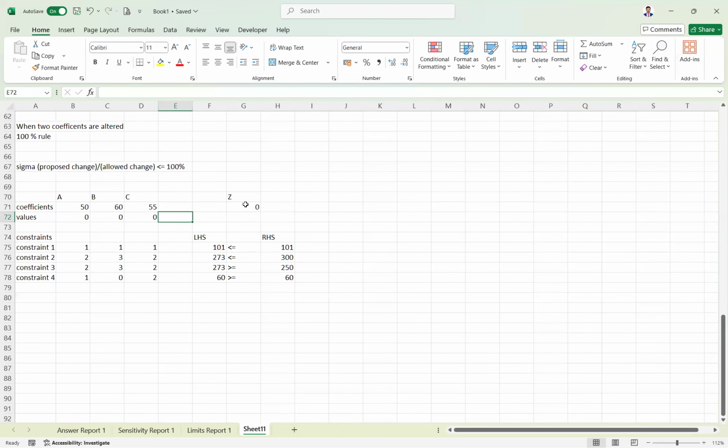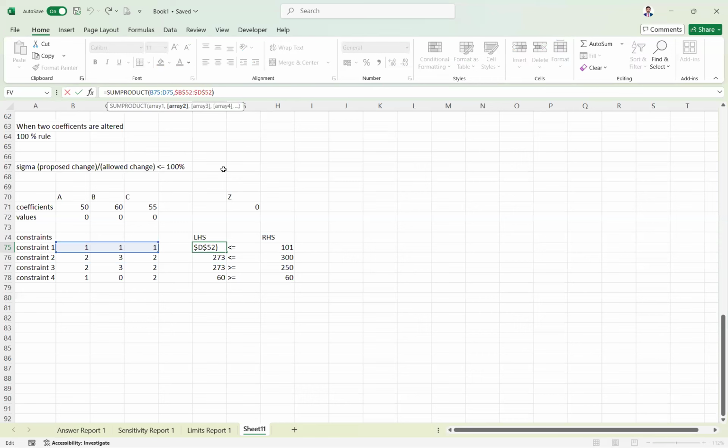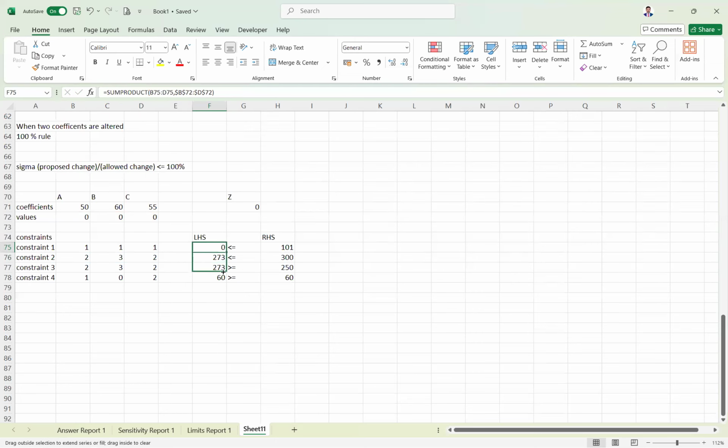Whenever you copy it, check where your sumproduct is taking values, and whether it is taking the correct value. Here it is taking the wrong values, so just change it. It should be 72. Just drag it. Then your coefficients are 100, 300, 250, and 60. So this is your initial case.